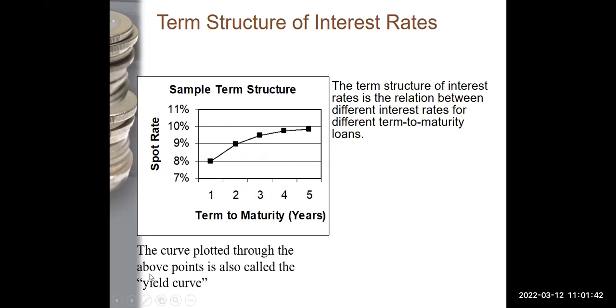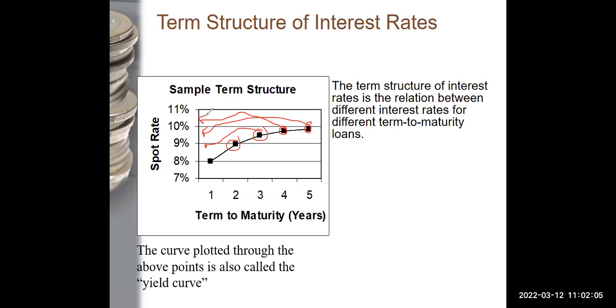So the curve plotted through the above points is called the yield curve. Now, what do these points show? Like these squares, what do these squares show? Interest rate.